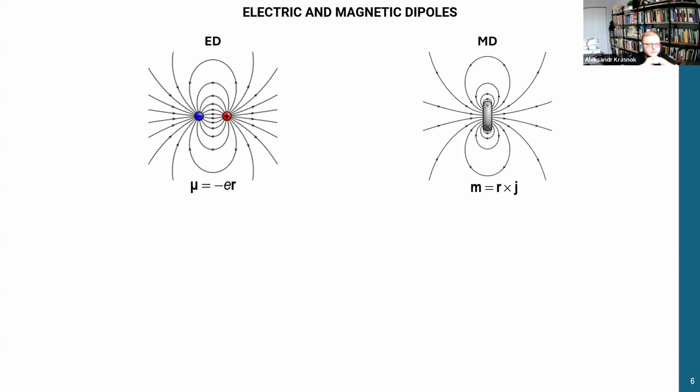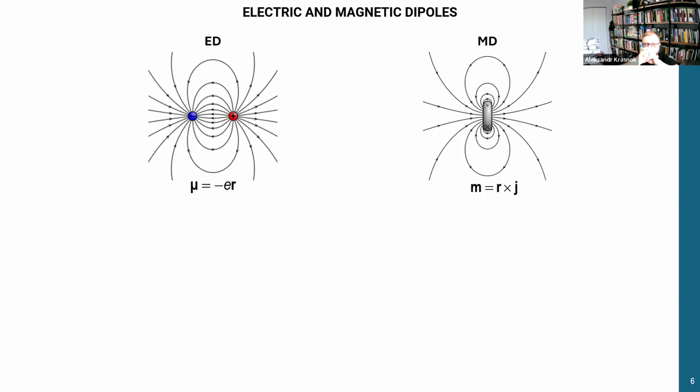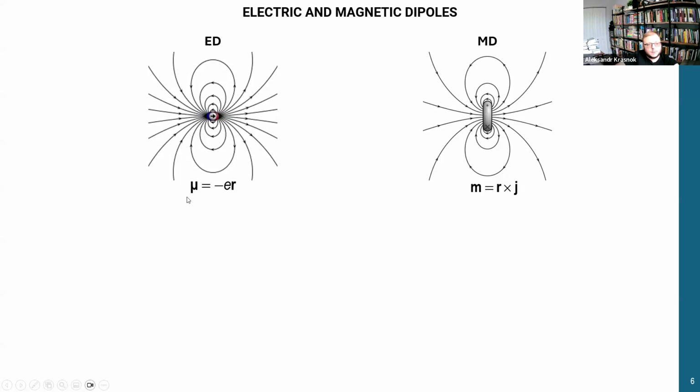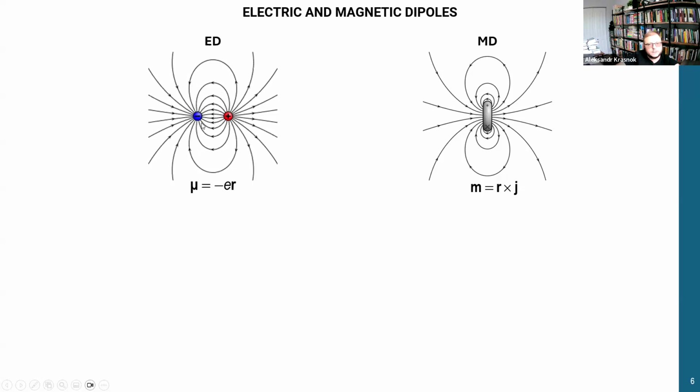Any oscillating current or oscillating charge radiates an electromagnetic field. We describe this characteristic by the electric dipole moment. This vector mu is the electric dipole moment, equal to minus e, the elementary charge, times R, the radius vector of either charge or the distance between the charges, depending on the coordinate system.